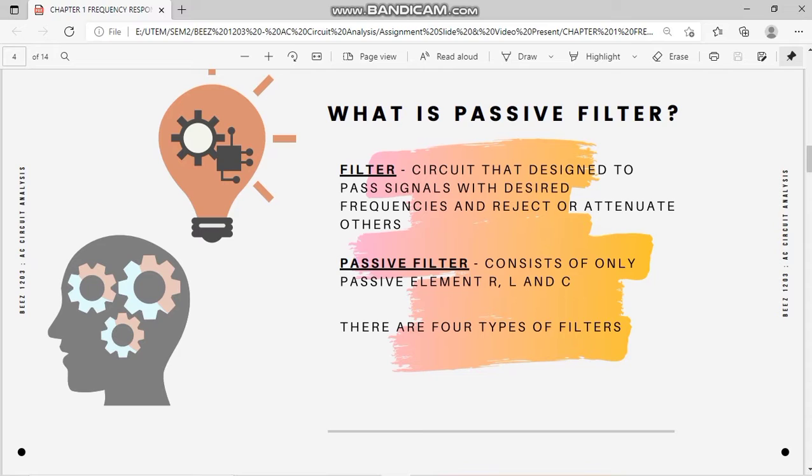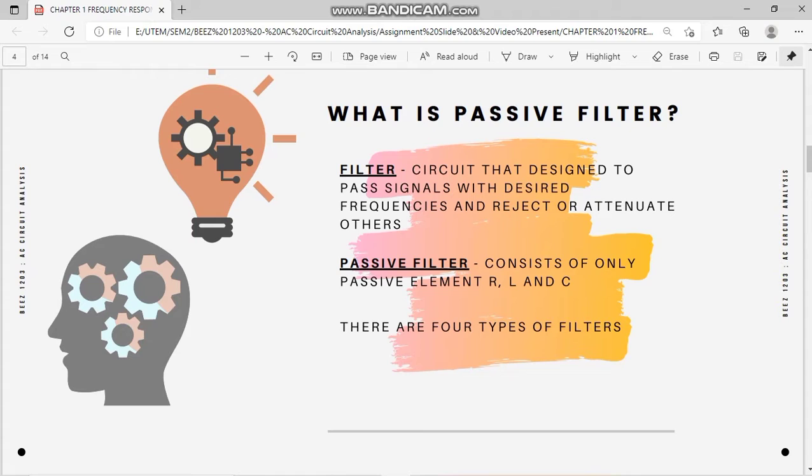Next, what is passive filter? A filter is a circuit that is designed to pass signals with desired frequencies and reject or attenuate others. The passive filter consists of only passive elements R, L, and C, which are resistor, inductor, and capacitor.